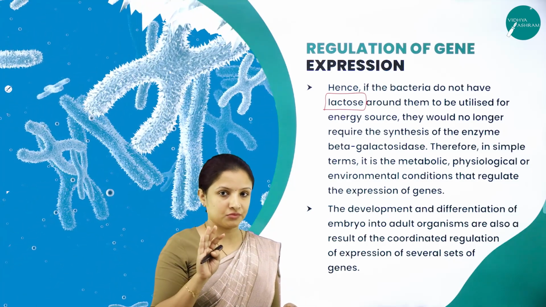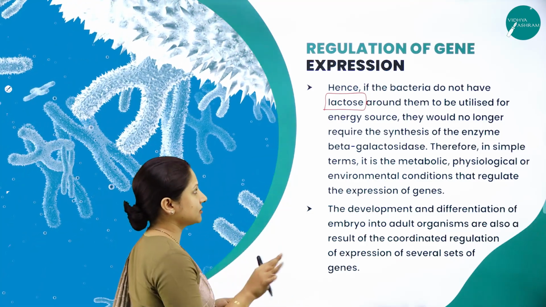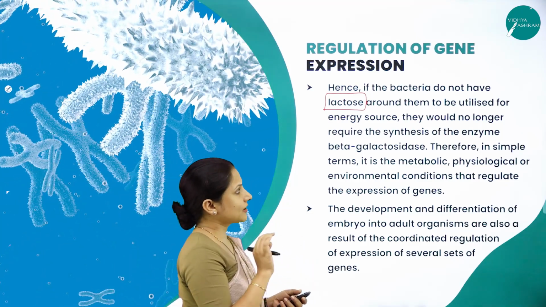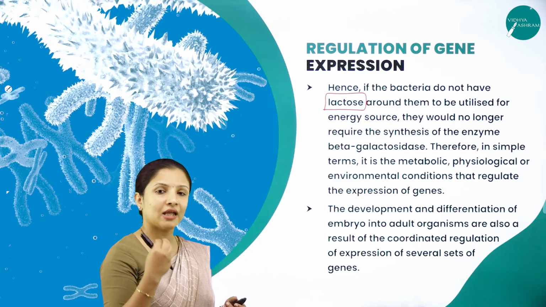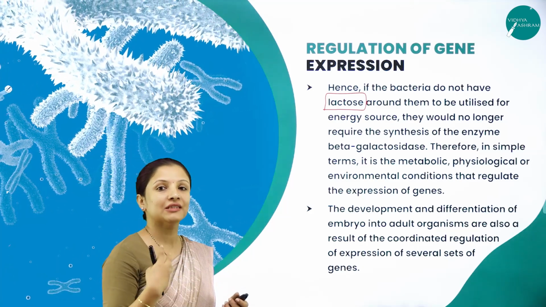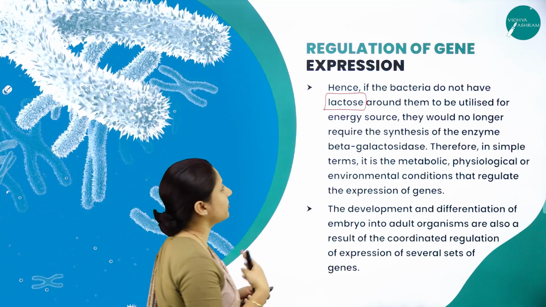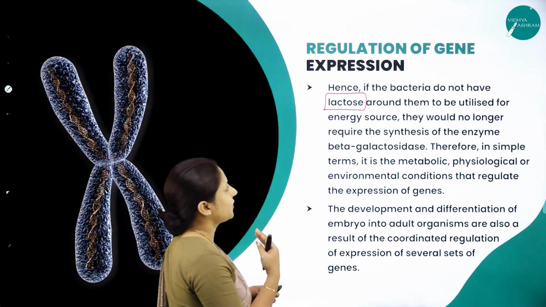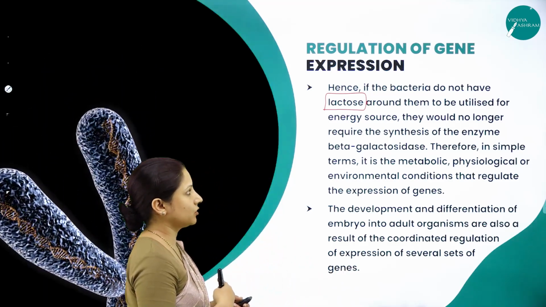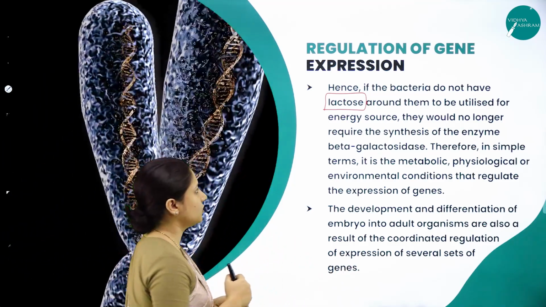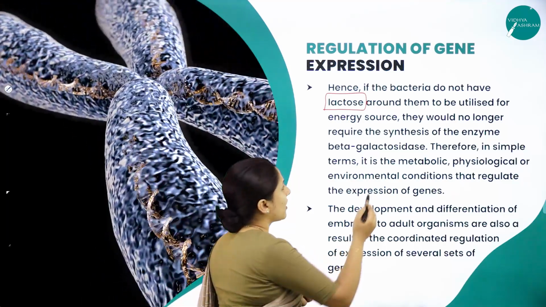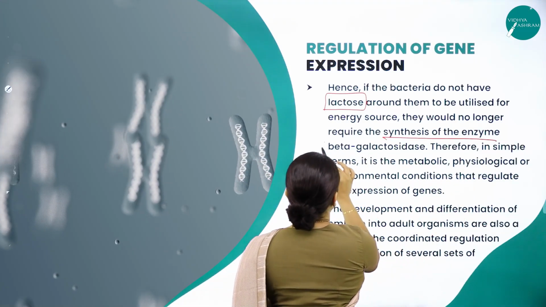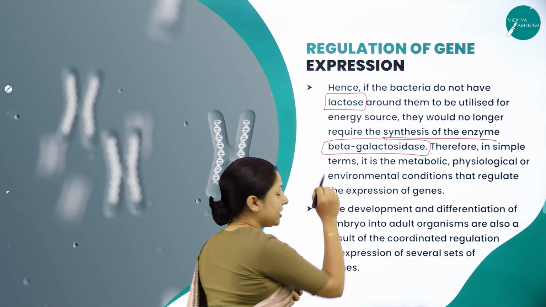Now, let's assume the bacteria doesn't have lactose. Then they will not produce any energy required for the metabolic process. So, if the bacteria do not have lactose around them to be utilized as an energy source, they would no longer require the synthesis of the enzyme beta-galactosidase, right?